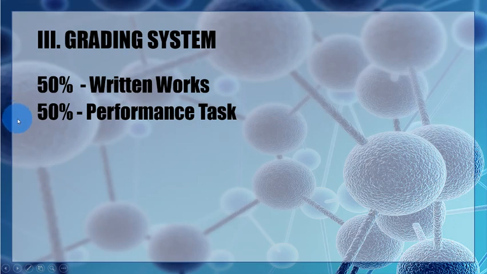However, since the course subject is advanced chemistry and research, we're gonna divide it into lecture part, or advanced chemistry part, that is 50% written works and 50% performance task, and for the research part, that is also 50% written works and 50% performance task. Now, if it is divided into two, what is the percentage of each? Advanced chemistry part is 70% and research part is 30%. That's it.